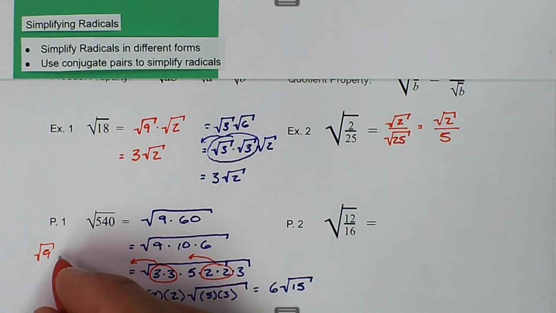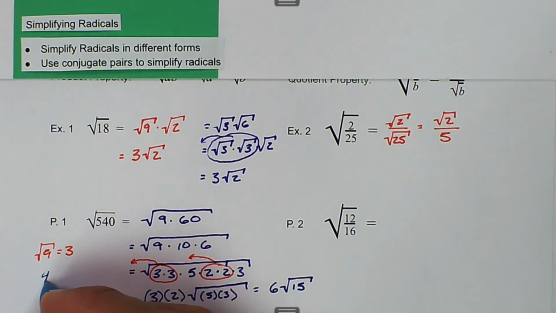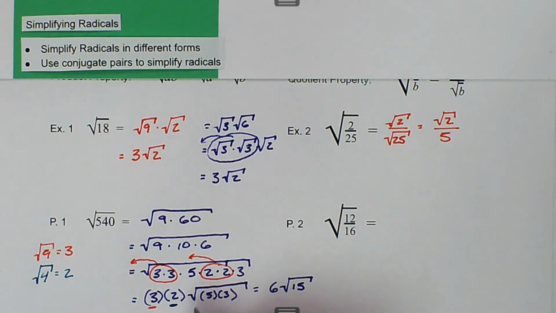And we know that the square root of 9 is equal to 3. So that's where that 3 came from. And then we know 2 times 2 is 4. Square root of 4 is 2. So that's where that 2 came from.